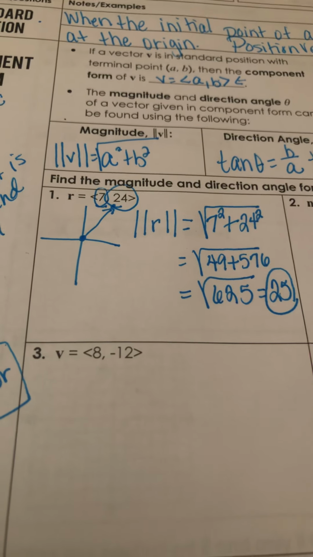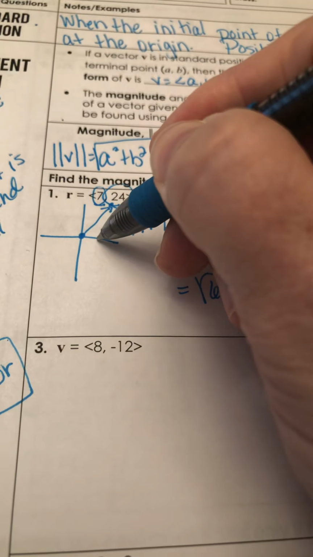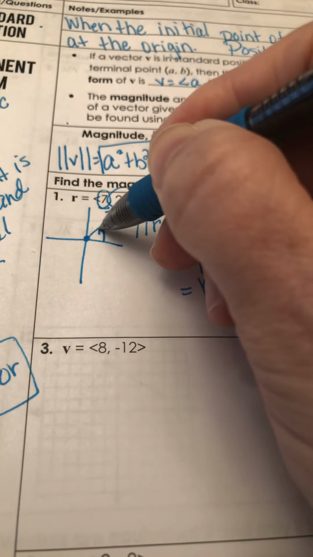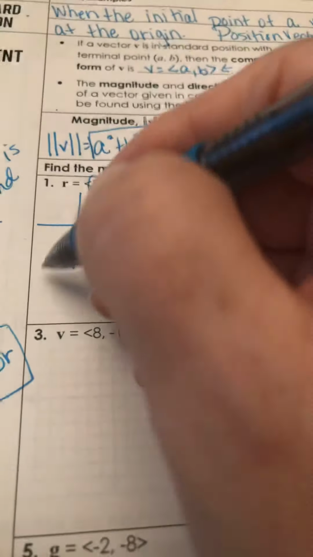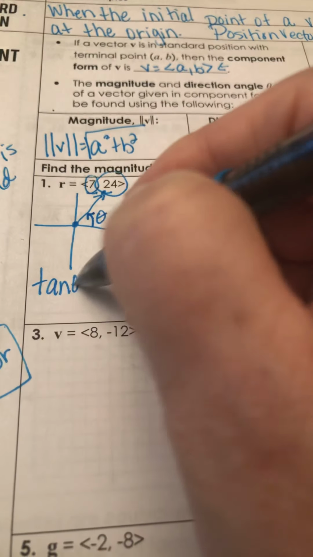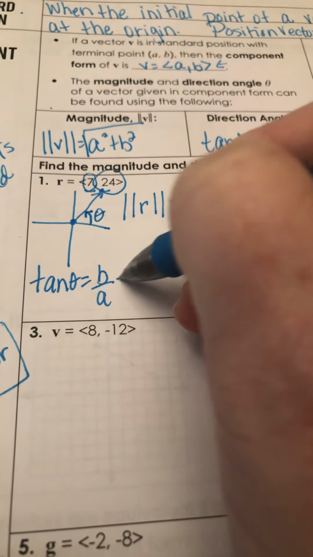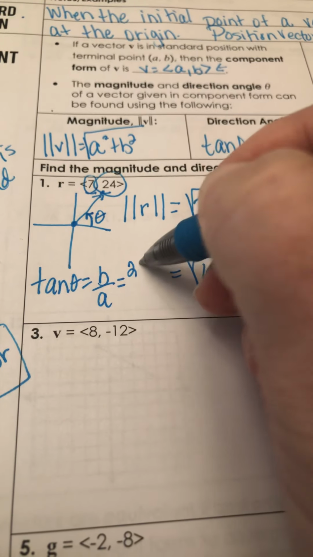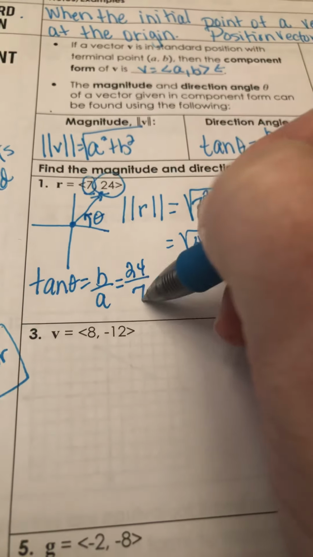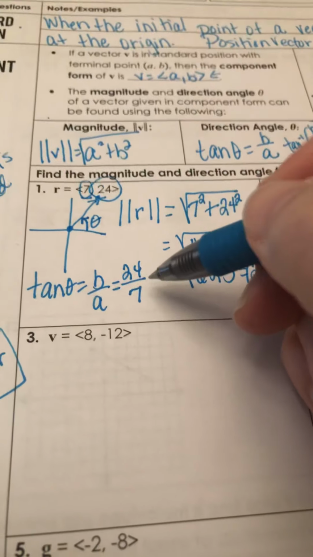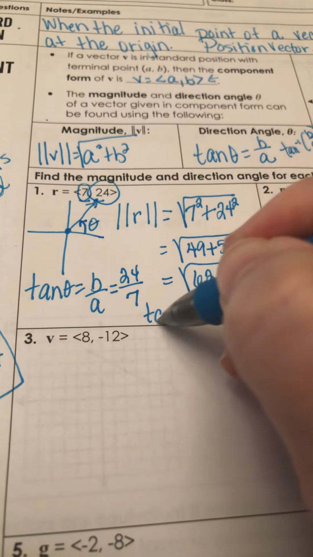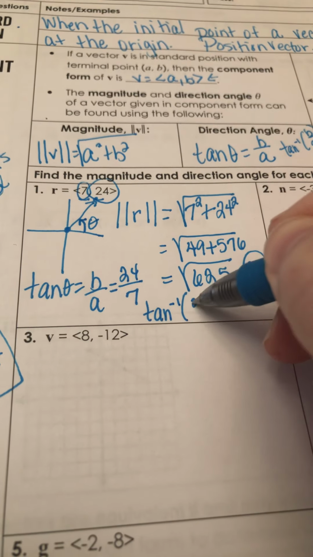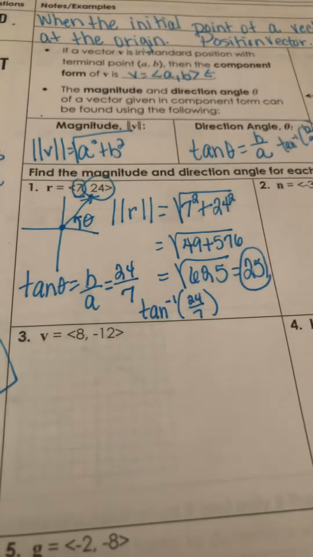Now let's look at the direction angle. That's going to be from the positive x-axis up to the terminal side of the angle, which is your actual vector. So we're looking for theta. So the tangent of theta is equal to b over a. b in this case is 24 over a, which is 7. That's what the tangent is. We want to find the angle itself. So to find the angle, we're going to have to find the inverse of our tangent.